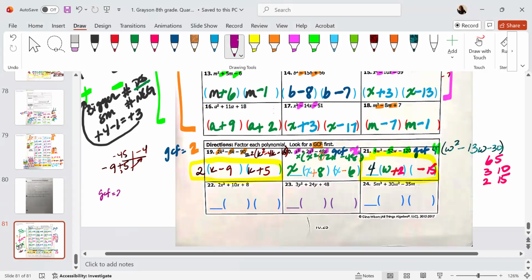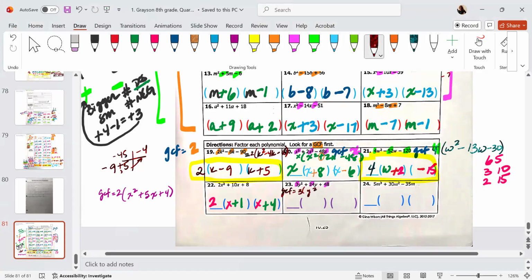All right, so what's your greatest common factor here? 2. Yeah, it's 2. So you have x squared plus 5x plus 4. So then you have a 2 here, x and an x, and then you have a plus 1 and a plus 4. Do you see that? Yeah. Okay. What's your greatest common factor there? 3.